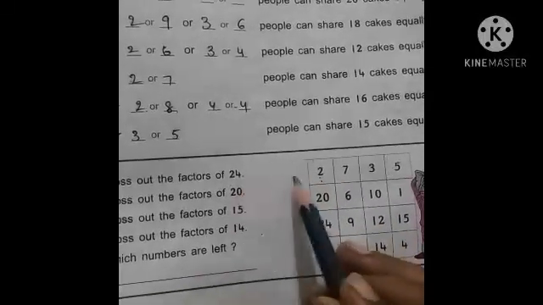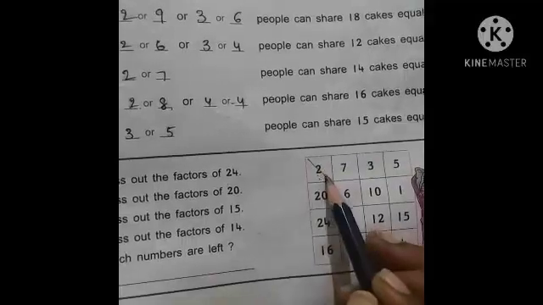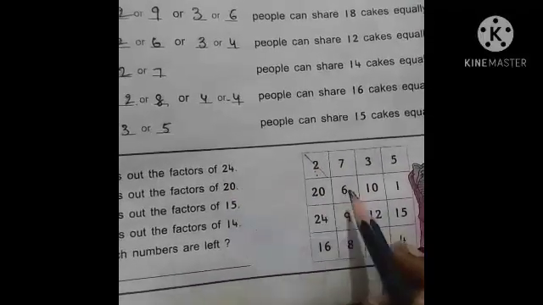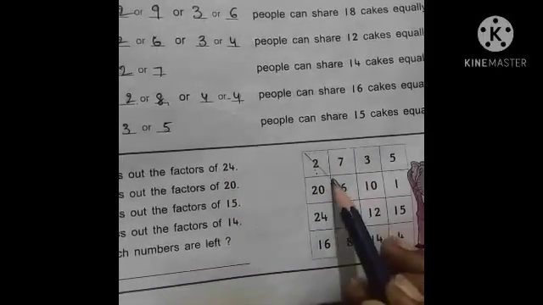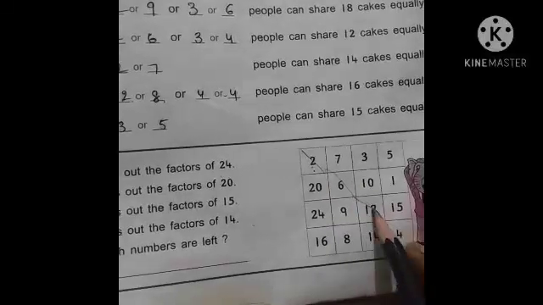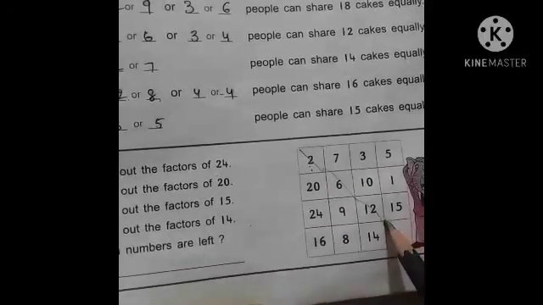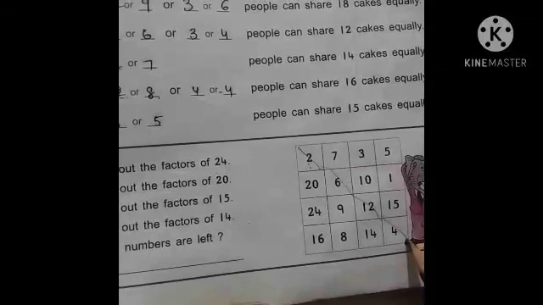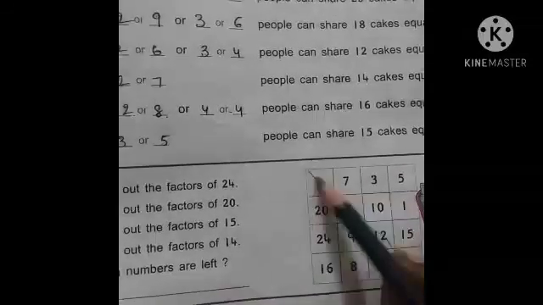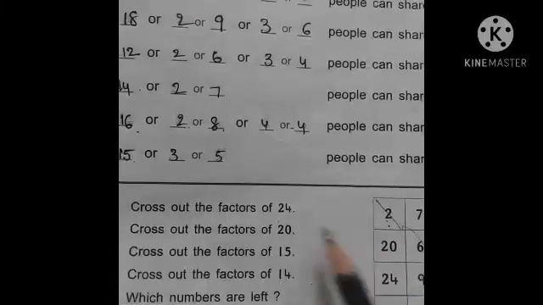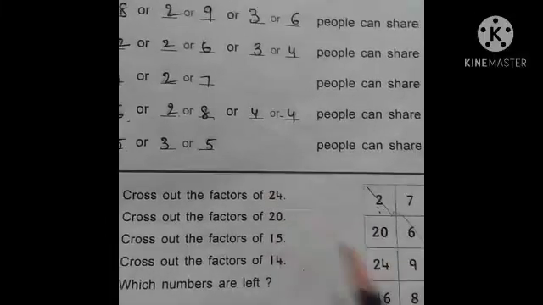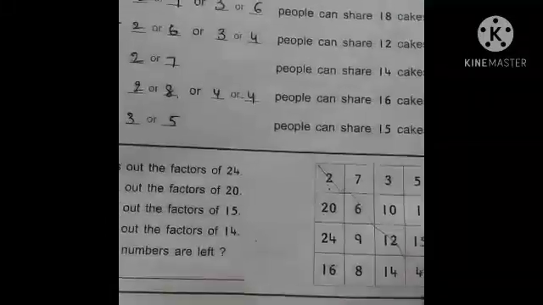It is an even number. So this is a factor of 24. Next, 6: 6 4's are 24. 12 2's are 24. Sorry, 4 6's are 24. 2 12's are 24, 6 4's are 24, 12 2's are 24, 4 6's are 24.